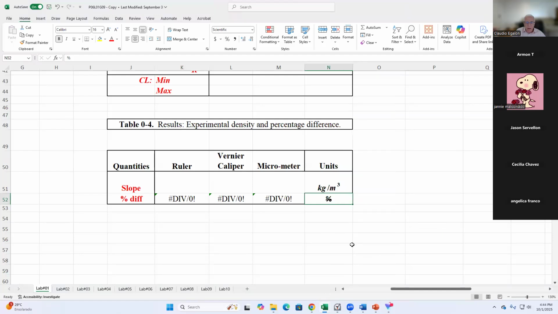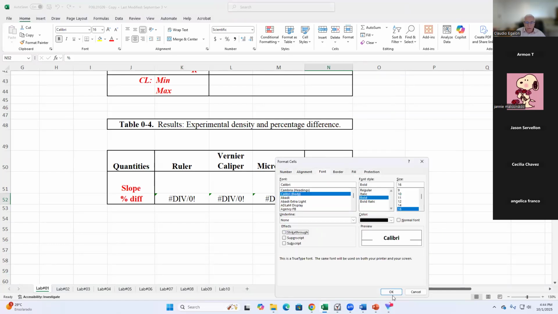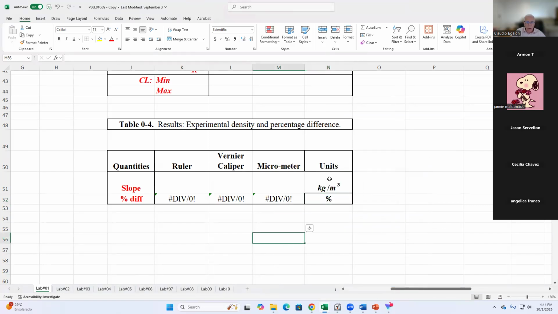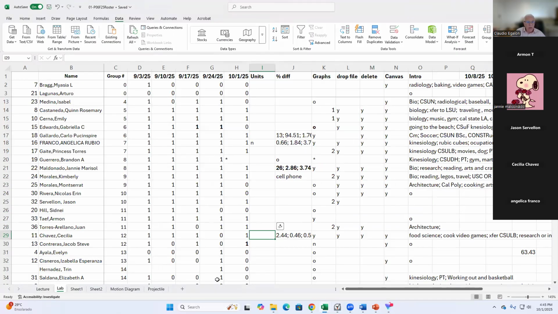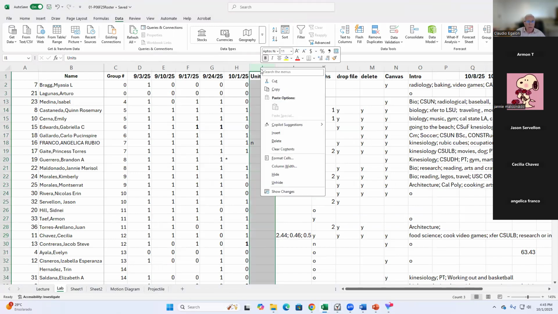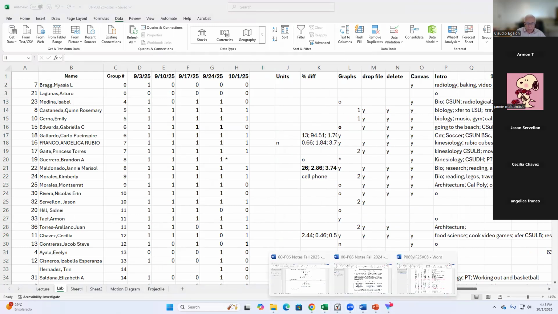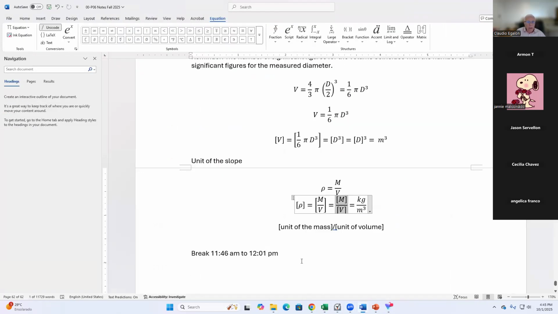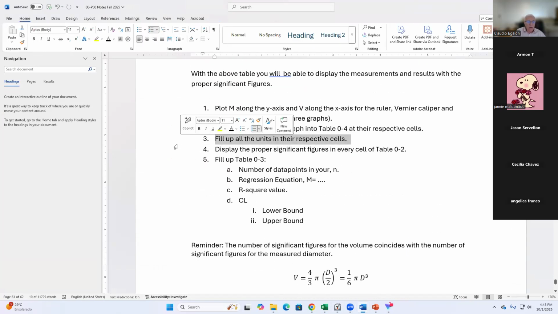Okay, so let's see here. Format, font, strikethrough. Okay. In addition to the units, Cecilia, what else do we have to work on after the units?